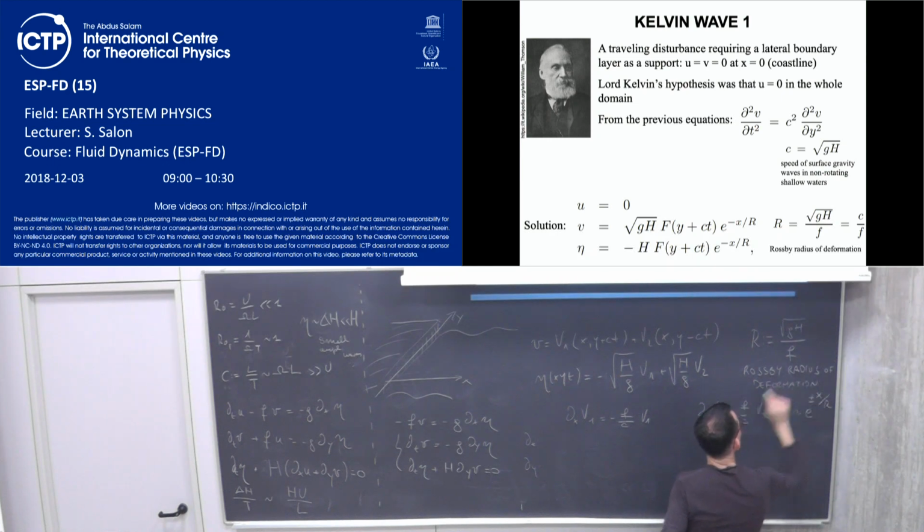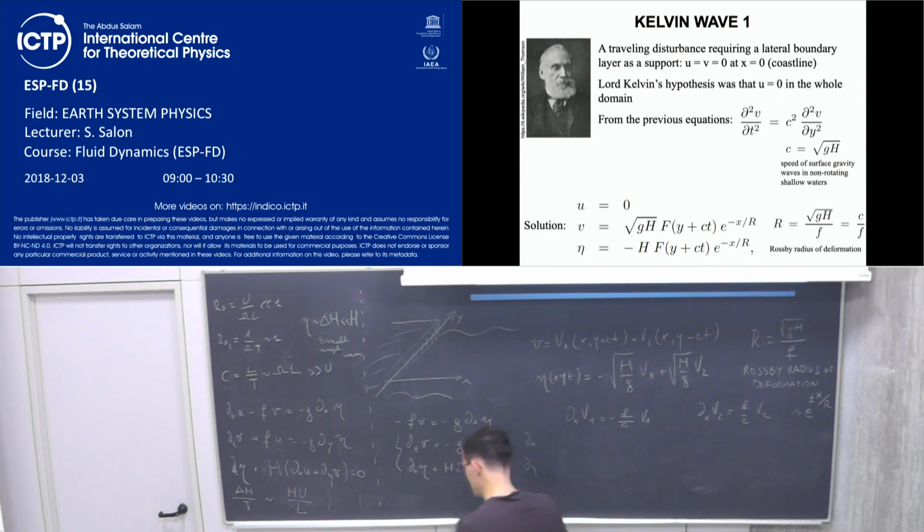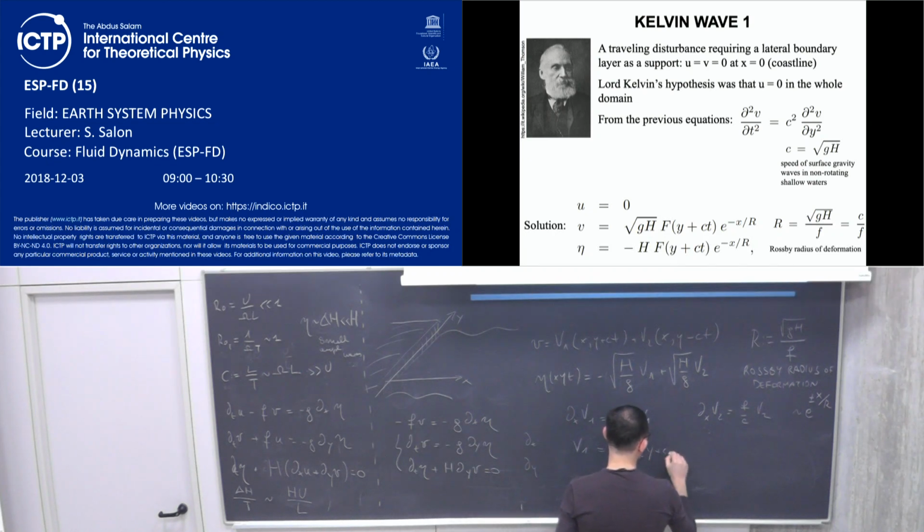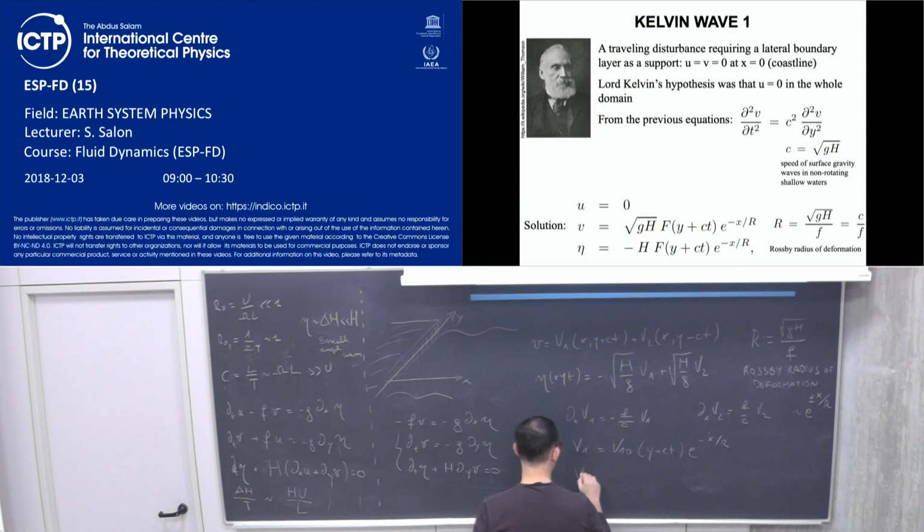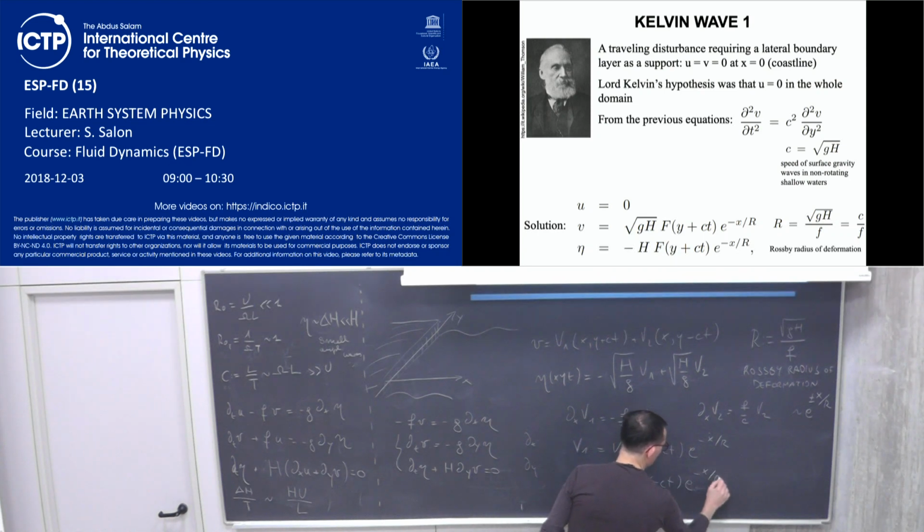So the equation that we will obtain will be V1 equal V1 0 y plus Ct e to the minus x over r, and V2 will be V2 0 y minus Ct e to the plus x over r. So what does this mean?